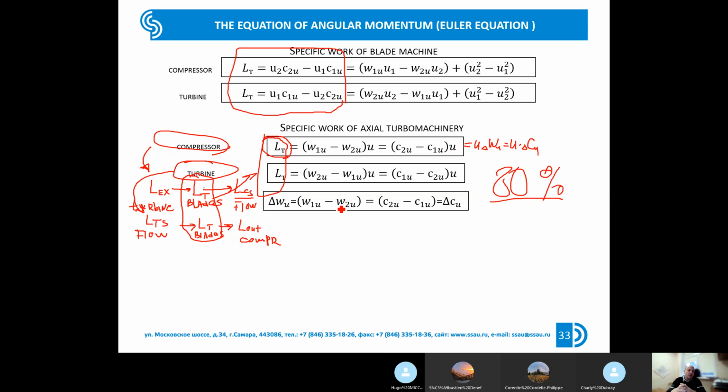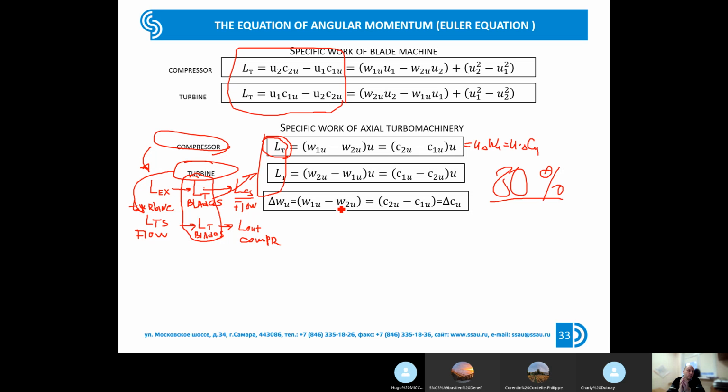In the turbine, we have an expansion process, and during the expansion process, we receive some energy. And the value of energy which you receive during expansion really depends on the fluid properties, on temperature, on pressure.